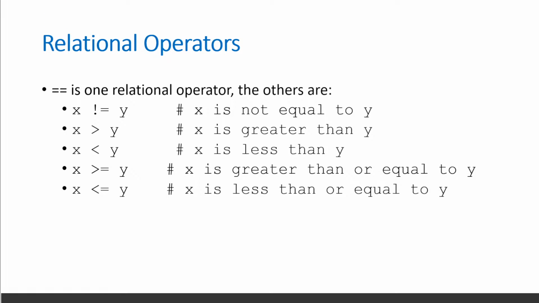These are all the things that are available to us, and these are all relational operators. And so if the statement is true, as it is written, it will execute the code in the if statement. If the statement is false, as it is written, it will not execute the code in the if statement.